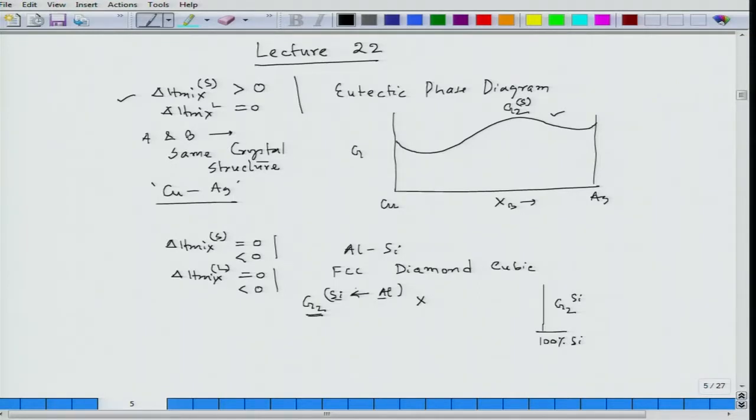Now, on the other side, aluminum can incorporate silicon a little bit, and that percentage is very limited, close to 2% maximum in the solid condition. Here also I am talking about solid silicon. In the solid state, aluminum can contain 1.65% silicon maximum. This is the maximum limit of the solubility of silicon in aluminum.